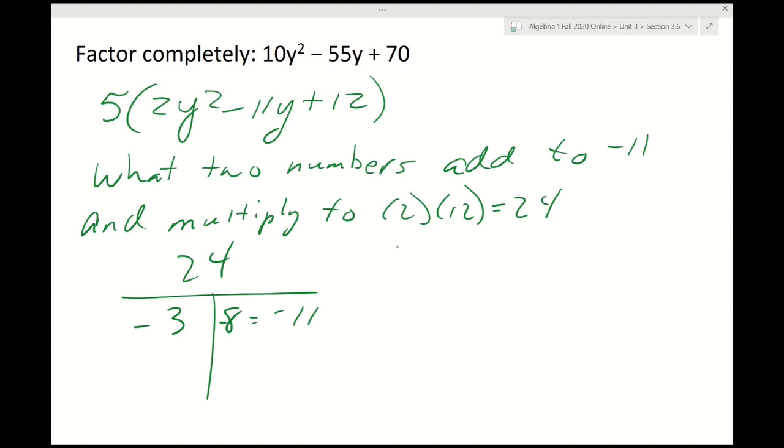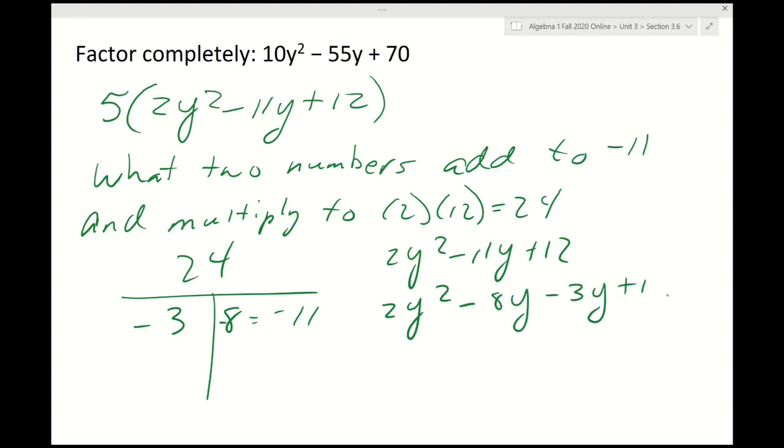So this gives me now 2y squared minus 11y plus 12, which is equal to 2y squared minus 8y minus 3y plus 12. These first two terms have a 2y as a common factor.